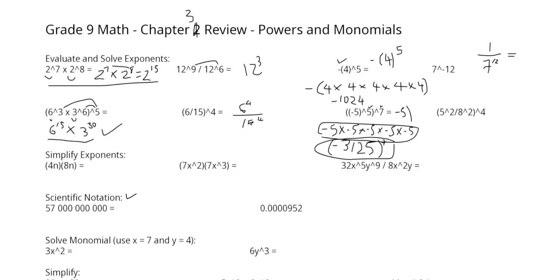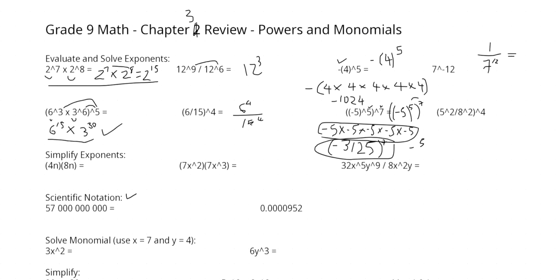Simple way to do it is to multiply the two powers. That will be 5 times 7, 35. And you're just going to put the answer as -5 to the power of 35. And that's your answer. Even if you don't put the negative in the bracket, it's understood.